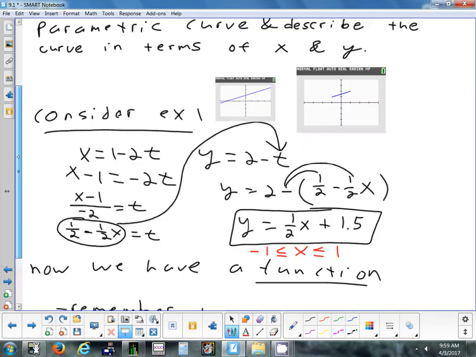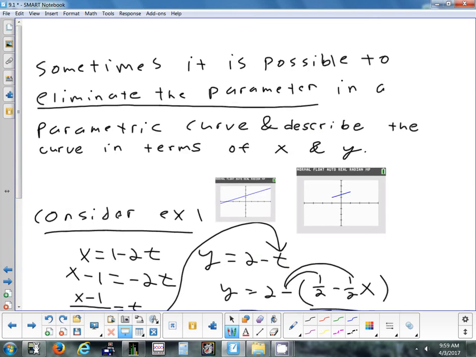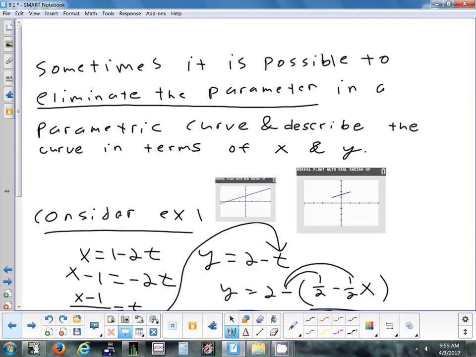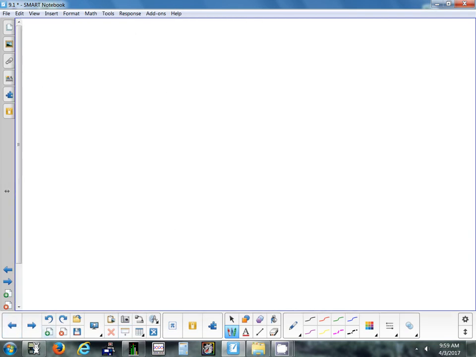So it's not always possible to do what we just did, to eliminate the parameter, because sometimes you could have an equation like this. If I said x equals 3 to the t minus t, you can't get t by itself there. If I got rid of the exponent on 3, then you could easily do it.